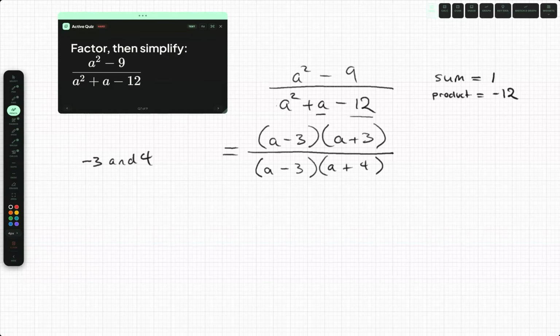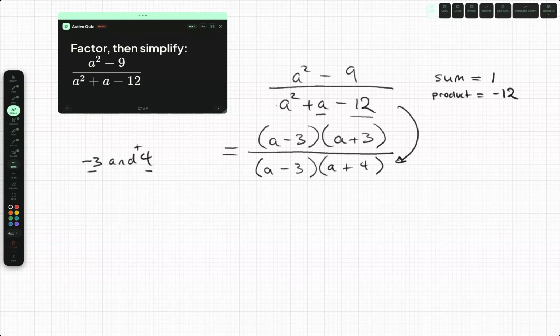So we can see how each of these numbers informs what goes in the two brackets. We end up with a minus 3, a, and a positive 4, and this becomes this once factored.